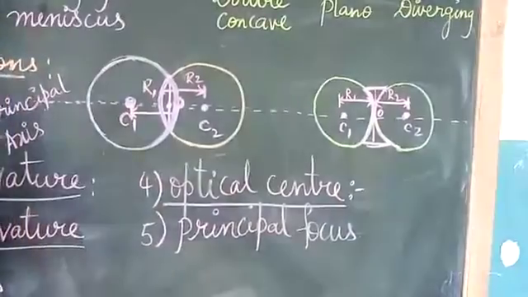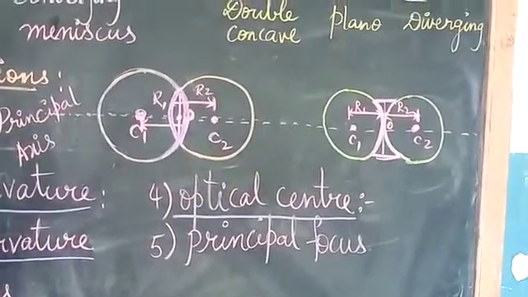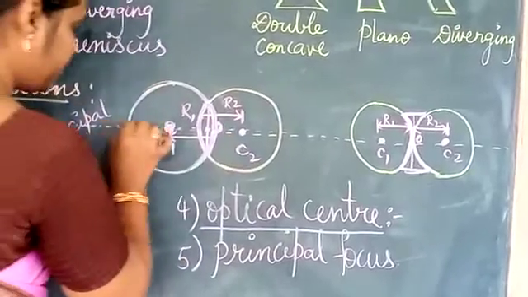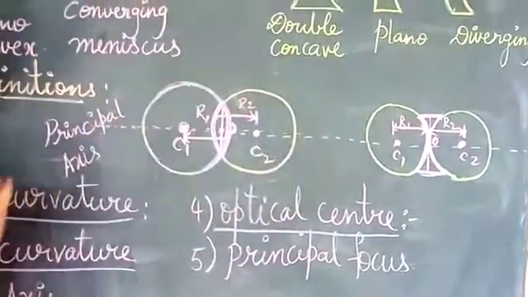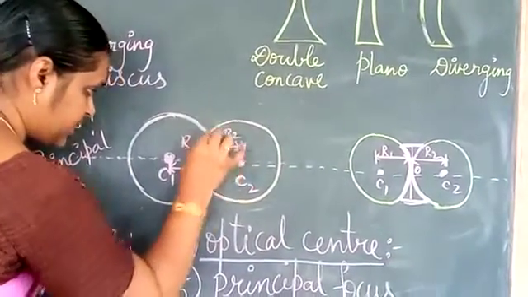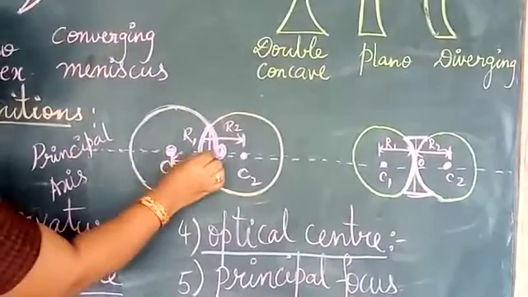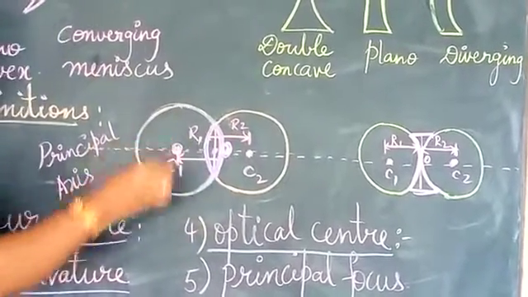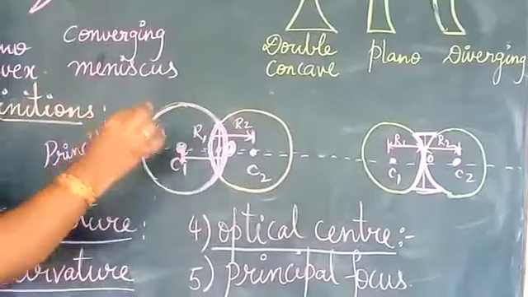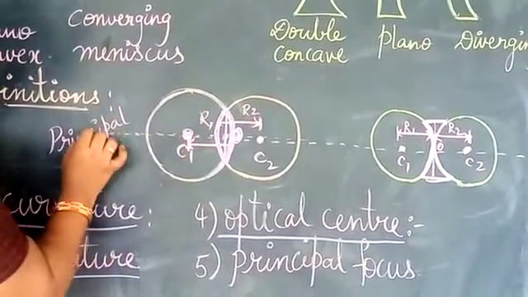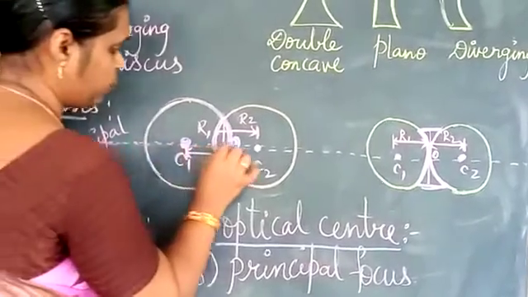Next one is optical center. What is optical center? It is a special point on the principal axis. This point is called the optical center.